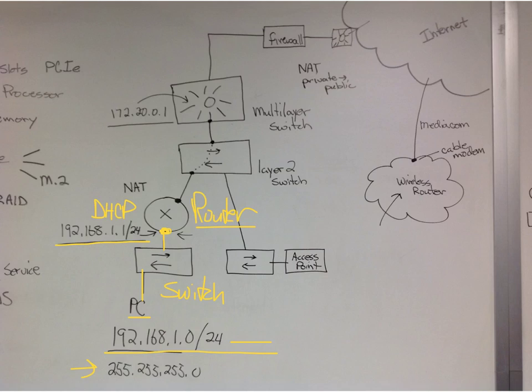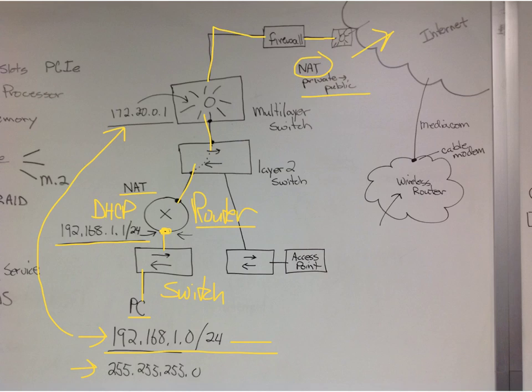and then the router connected to a switch in the room, which connected to the multi-layered switch, which eventually goes out the firewall. NAT here was going from a private to a public address for out on the internet. This NAT was going from this network to this network.